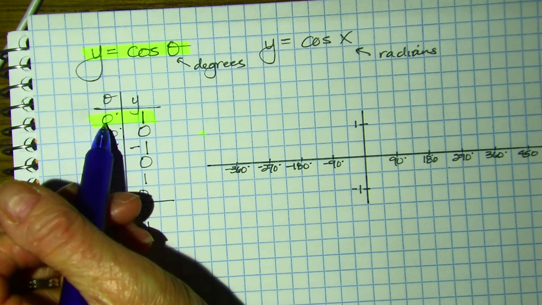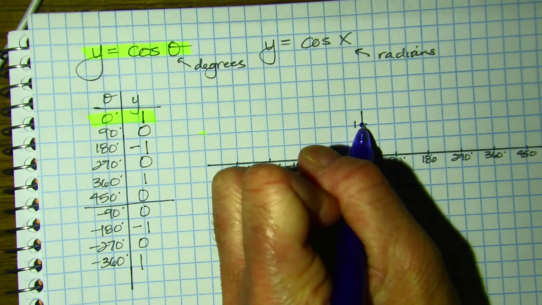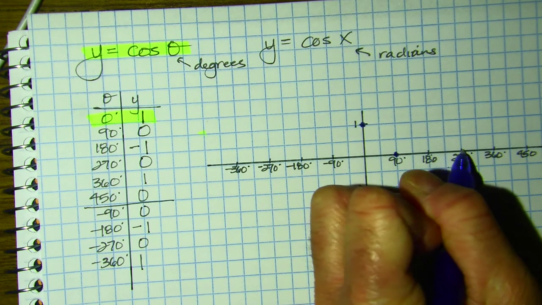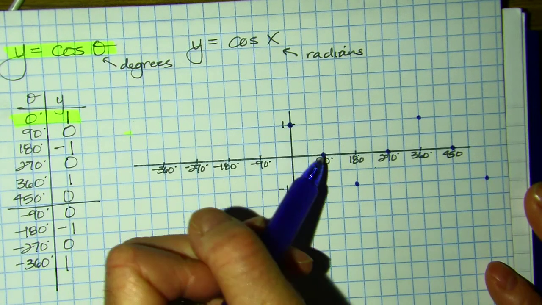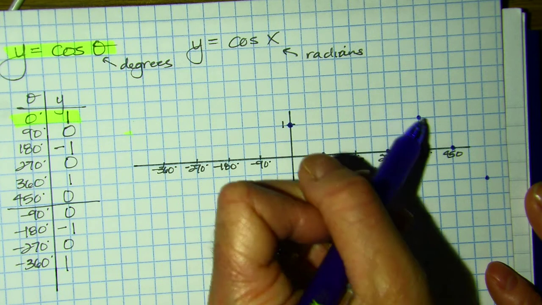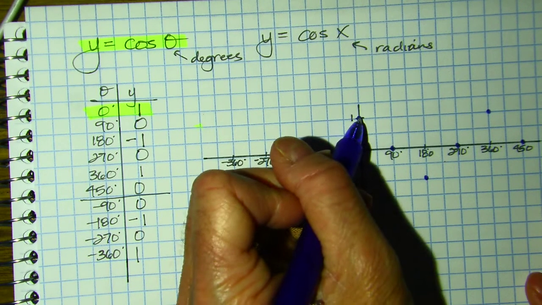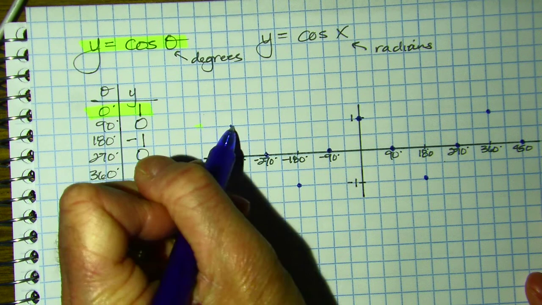So I'm starting with what they gave me at 0, I'm at 1, 90, 0, 180, negative 1, 0, 1, 0. The next point would be negative 1, right? It's a pattern. 1, 0, negative 1, 0, 1, 0, negative 1, and it keeps going. If I go to the left, I'm going back 0, negative 1, 0, positive 1.